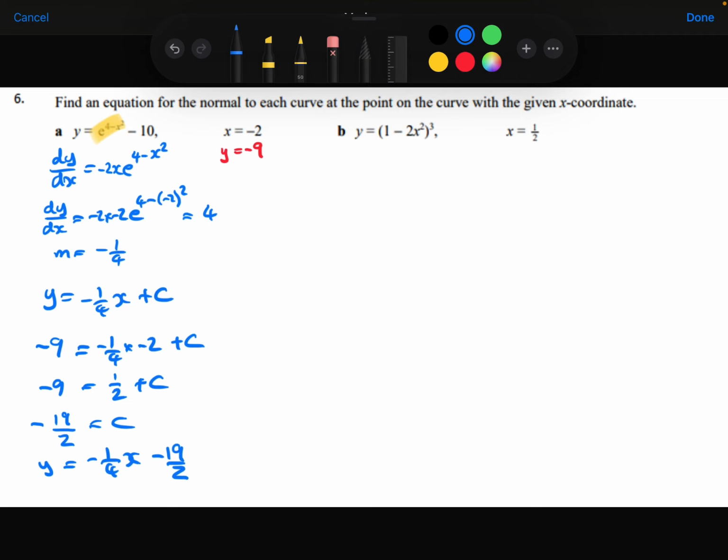And to simplify that, I'm going to multiply everything through by 4. So I will get 4y equals minus x minus 38. And then add everything onto one side. So we're going to add the x to both sides. I'm going to add 38 to both sides. So my final answer will be x plus 4y plus 38 is equal to 0. And that's my final answer for that first question.